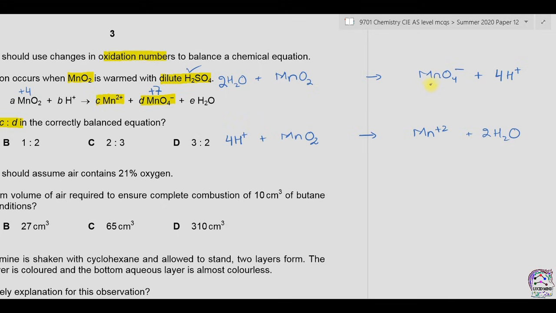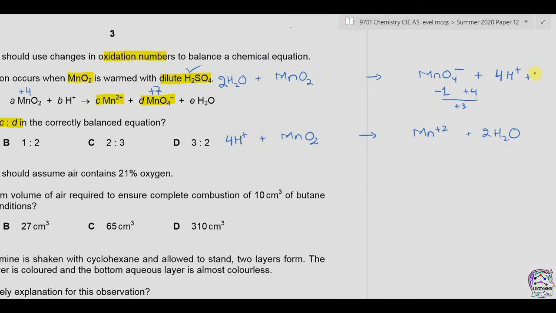Now in the next step, we have to balance the charges. We have -1 for MnO4, we have +4 for H plus ions. So the overall charge for this equation is +3. So we can add electrons in order to balance the charges. On the reactant side, we have 0 charge because both the water and MnO2 are neutral.